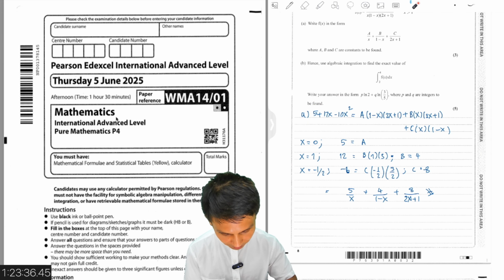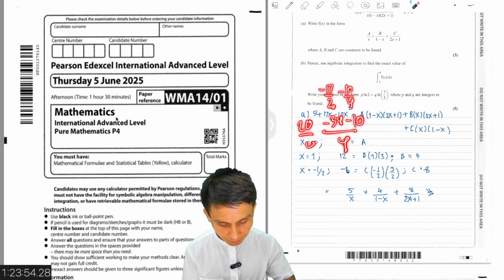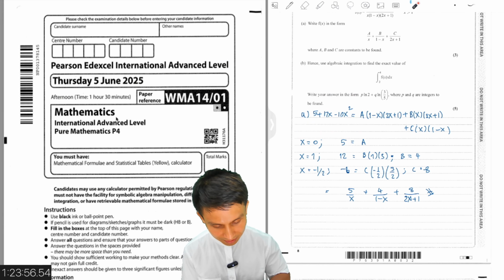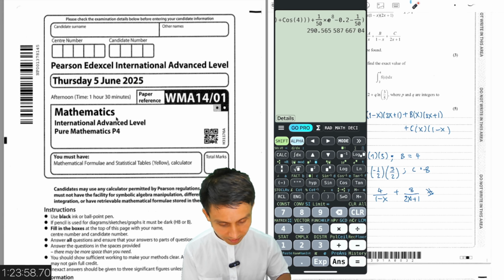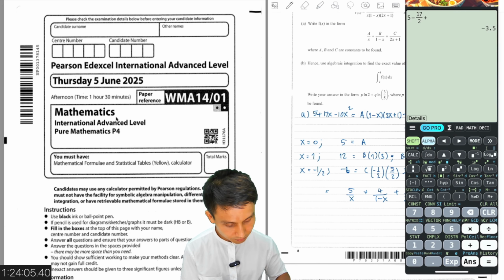So let me check that one. This is 10 over minus 10 over 4. That's minus 7 over 2. So that is what? 34 minus 10 over 4. And 5 is just 20 over 4. Wait, what? Hang on. I need to check this one again. 5 minus 17 over 2 plus, no, minus 10 over 4.